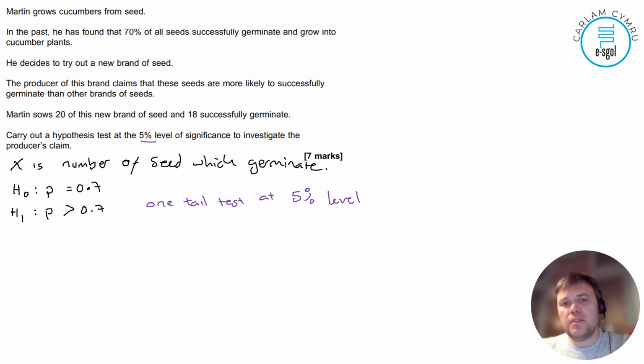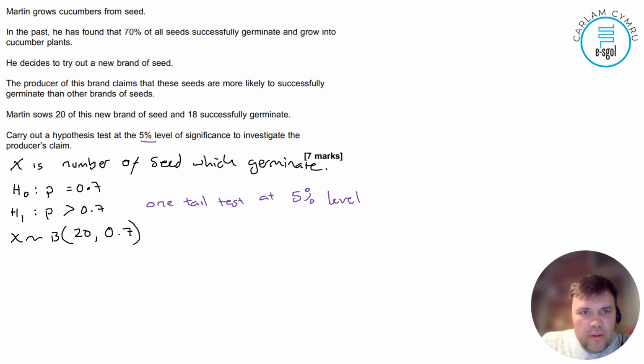If it is greater than 5%, then the null hypothesis H0 is going to be accepted. So as we're writing it down, what was the next thing? Yeah, my random variable X belongs to a binomial, and there were 20 of them trialed. So that's n, and that was at probability of success 0.7.